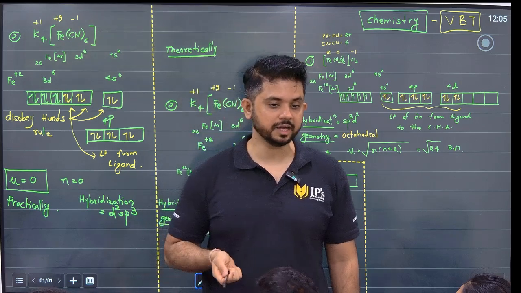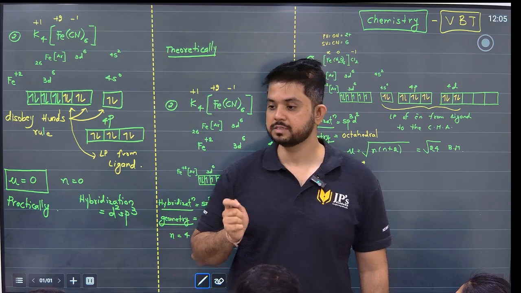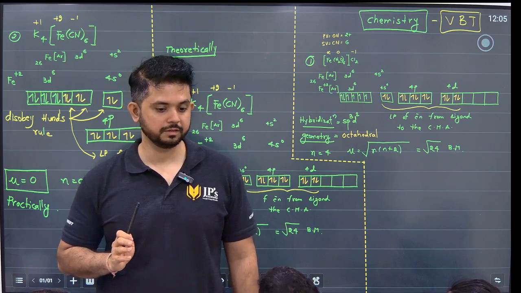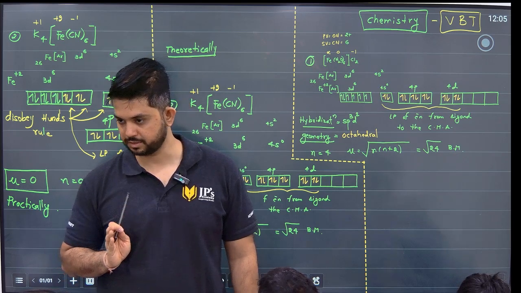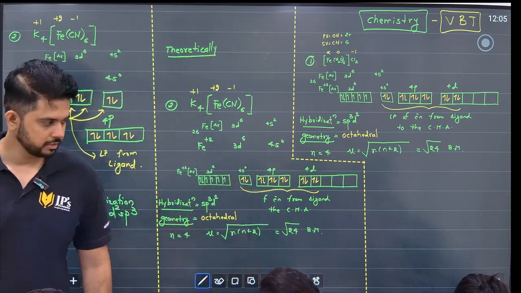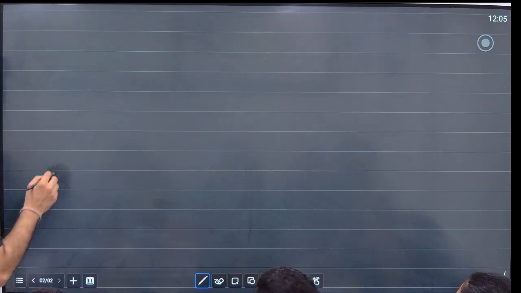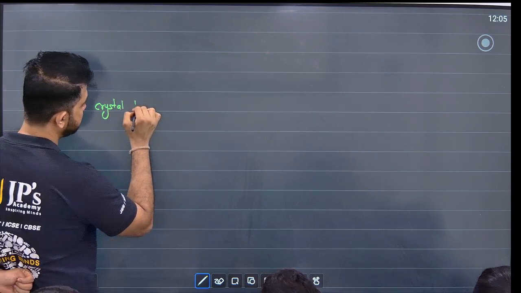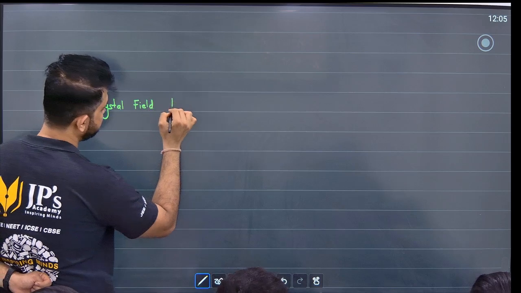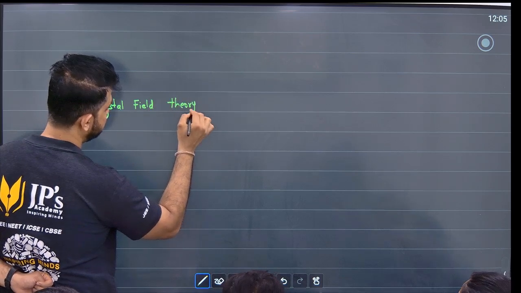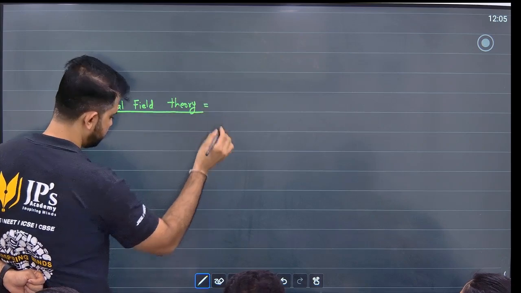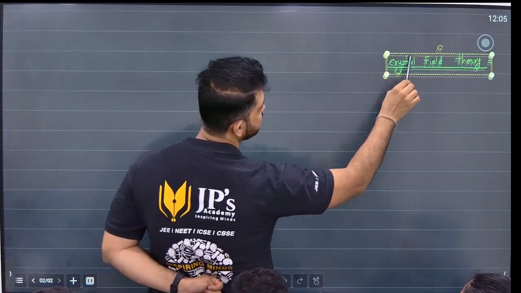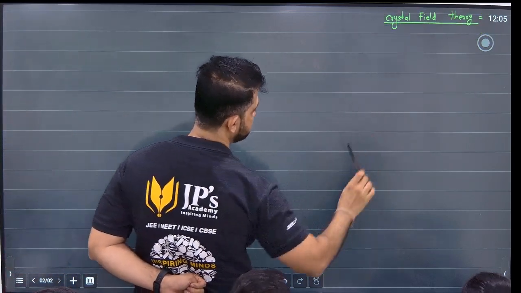In order to understand that, we move ahead with CFT or crystal field theory. Did you people get that till here? Understood? Now this is important to understand. So, we start with CFT, or crystal field theory. Now, before we jump into the theory, how many orientations are there for the d subshell? 5.